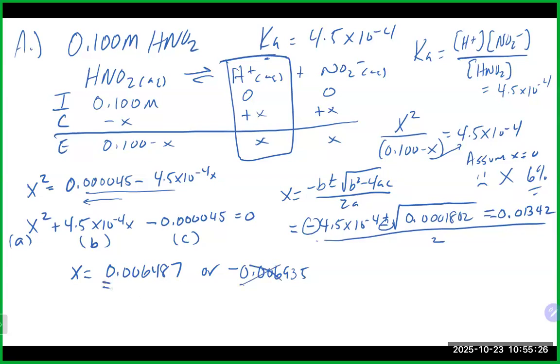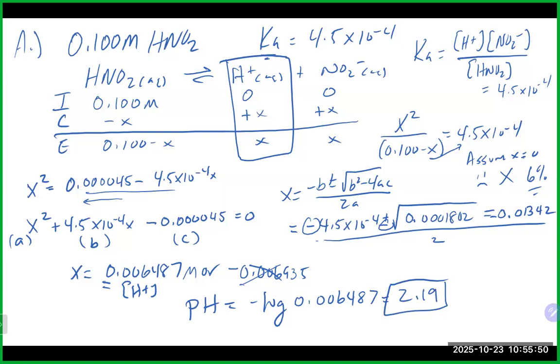So 0.006487 is our H plus concentration. Now we can go into our pH and get our opening pH: minus log of 0.006487, which is 2.19, to open up the titration with.